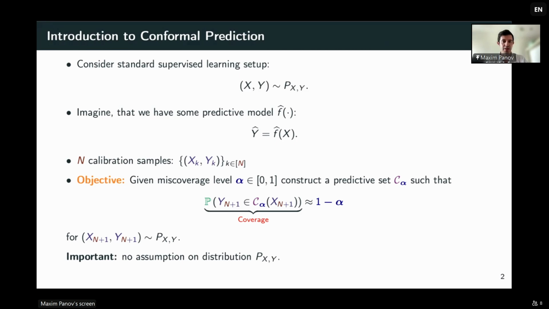So basically, I will be operating in this type of standard supervised learning, and in all my talk, I will assume that I already have some predictive model. It can be a regression model, it can be a classifier, whatever. And on top of the model, I will be given a set of n calibration samples from a data distribution P_XY.